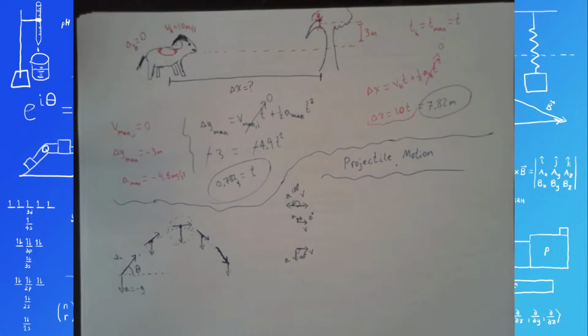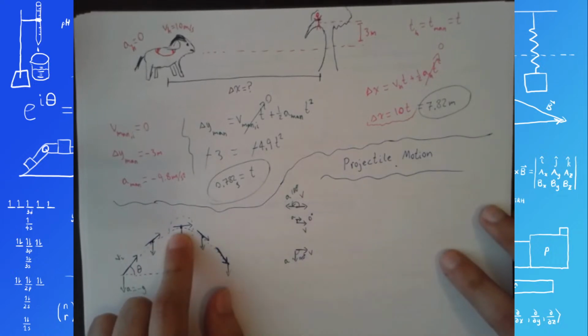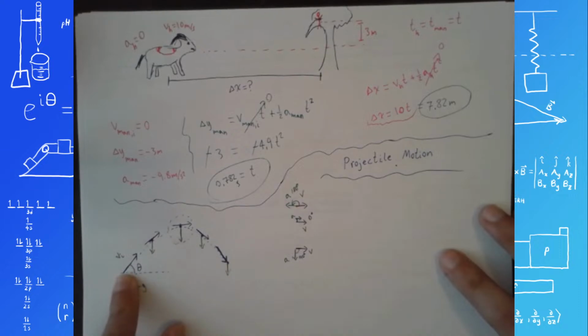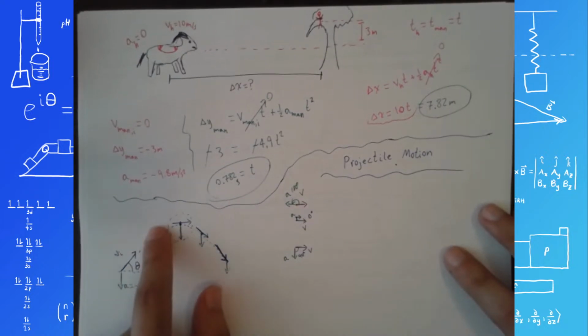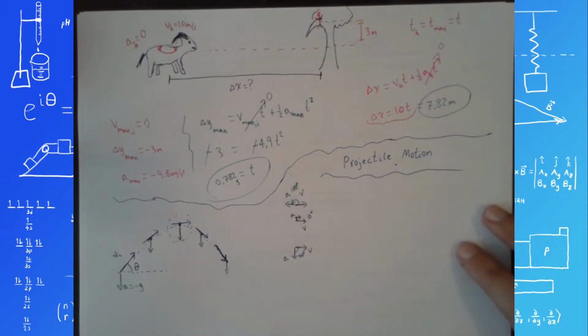But I want to go ahead and elaborate now on why the acceleration would cause a change in direction only for this case, and then we'll talk about why it causes a decrease in magnitude as you go up and an increase in magnitude as you go down here. So let's go ahead and do that.